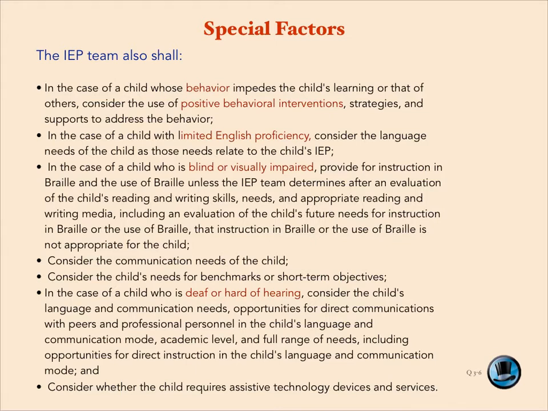If a child is blind or visually impaired, we're going to have some real specific services for them. If they have limited English proficiency, we're going to have some real specific services for them. Not that limited English proficiency is a disability, but sometimes children come in who are disabled, where English might not be their first language. We're going to be able to deal with that.